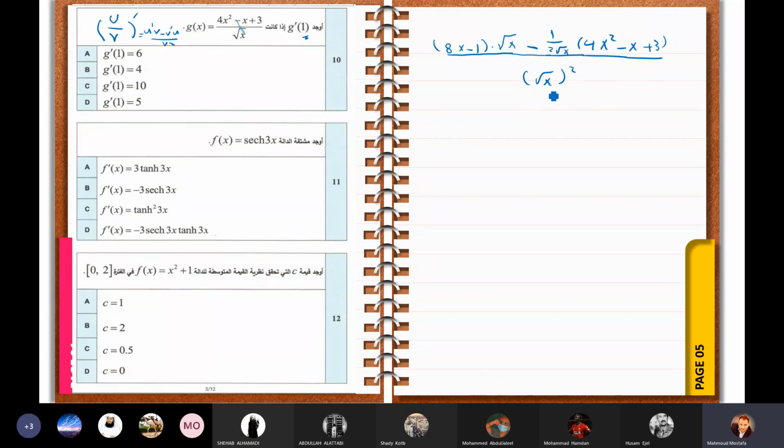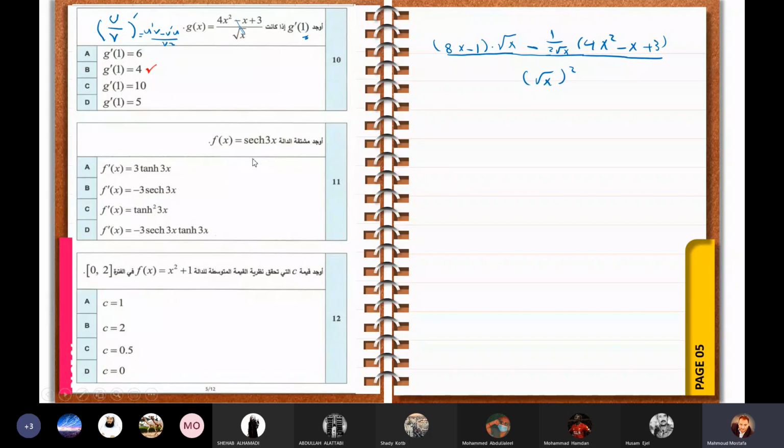Just use your calculator to find the answer. If you have a number here, there is no need to simplify. Using numbers will be easy. And it will be equal to 4.